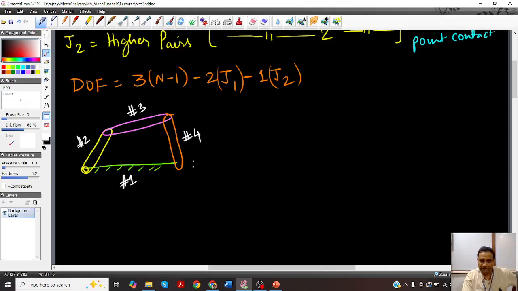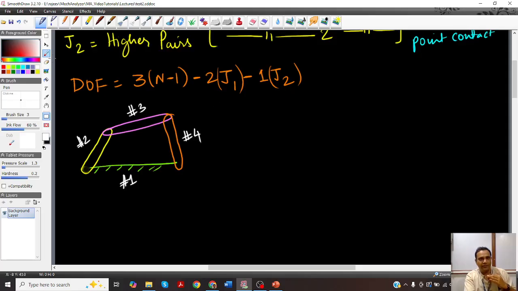Now, if I do not put any joint, so for example, I don't have anything here, they are free to move. So the degree of freedom of this particular system will be: this yellow link will have 3 degrees of freedom, the magenta will have 3, the orange will also have 3, and the green will not have any degree of freedom because it is fixed.